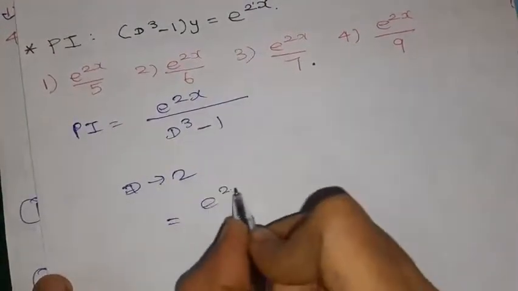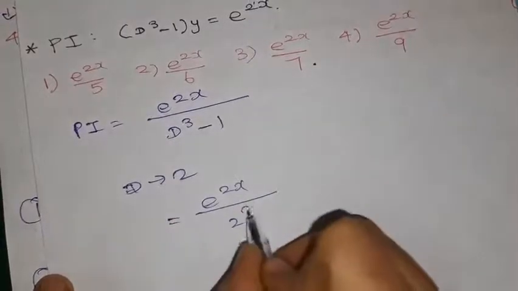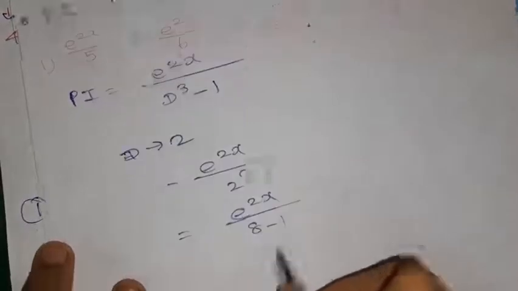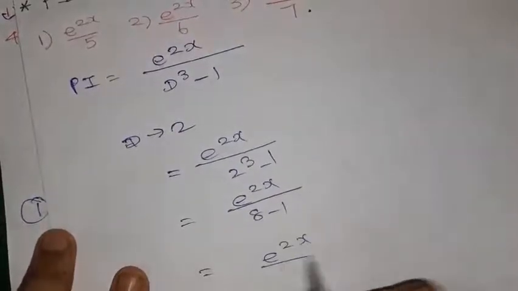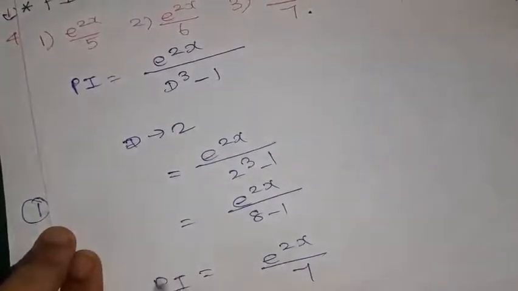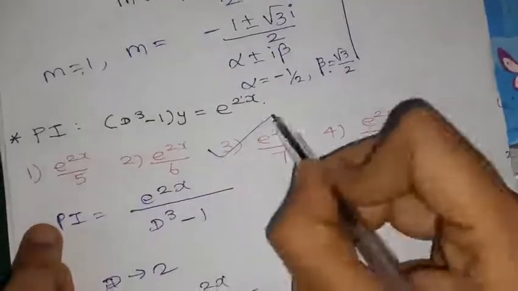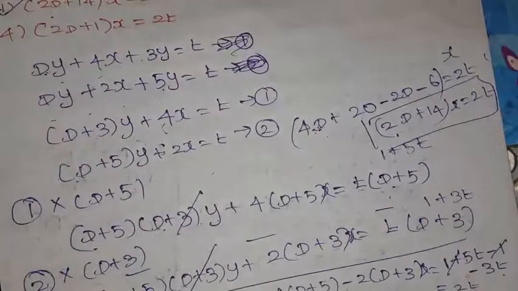So e power 2x divided by 2 cube minus 1, e power 2x divided by 8 minus 1, what we will get? E power 2x by 7. PI equal to e power 2x by 7. So option 3, e power 2x by 7 is the right option. We'll move on to the next one.